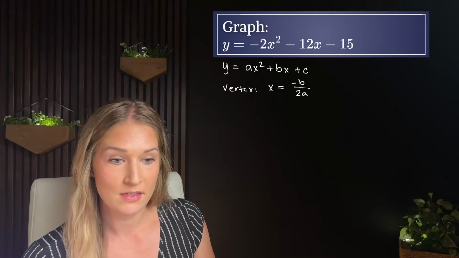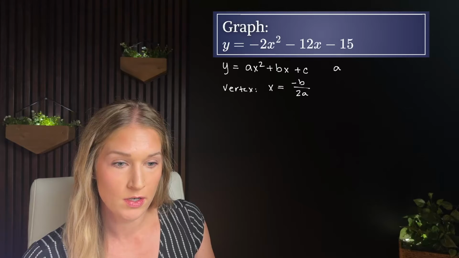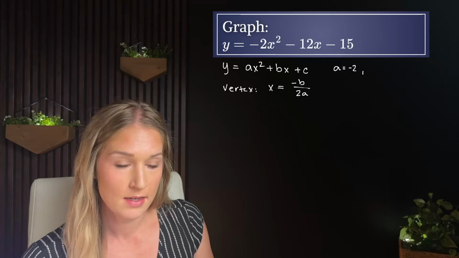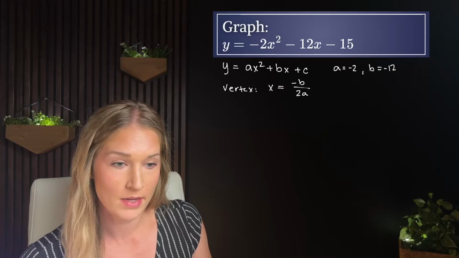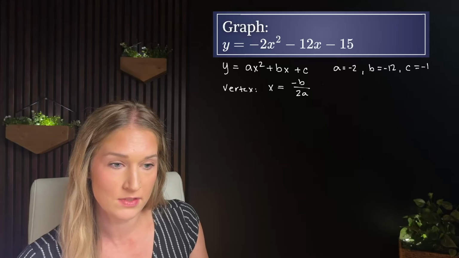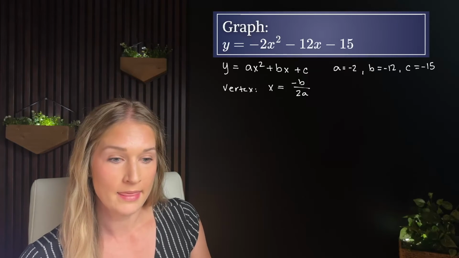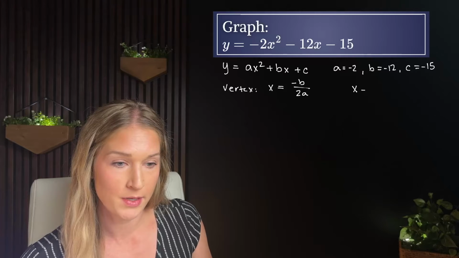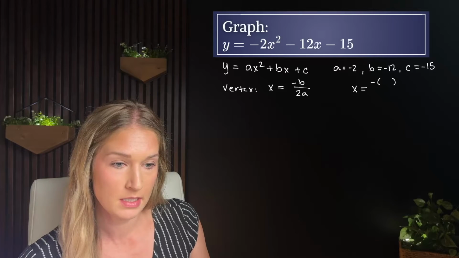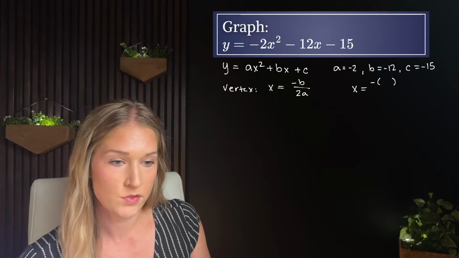My a, b, and c values from my equation are -2 for a, my b is -12, and my c is -15. And then I plug them into my formula for x: -b, my b is a -12.